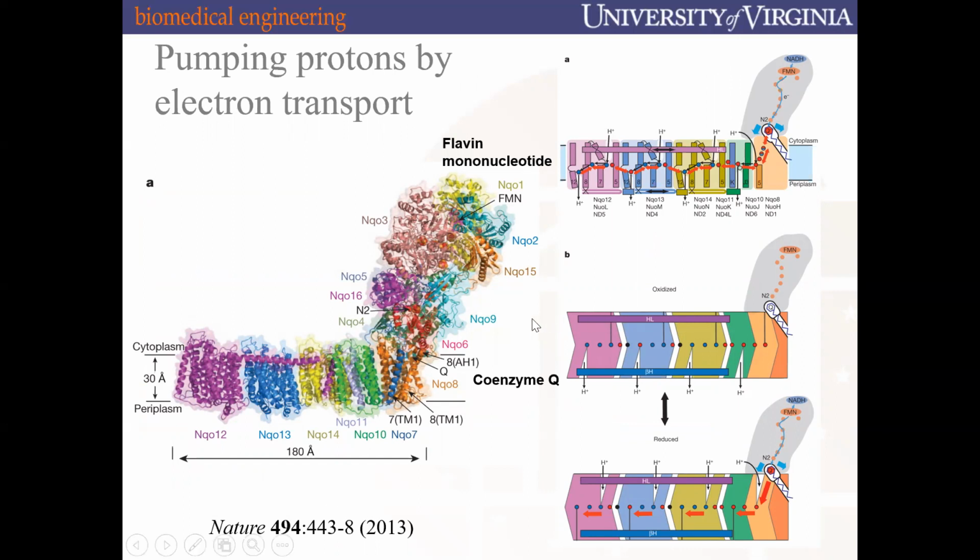Complex 1 is in an L shape. To orient your attention, the vertical part of this complex is pointing towards the mitochondrial matrix. This is the matrix right here. The horizontal part is the inner membrane, and this would be the intermembrane space.